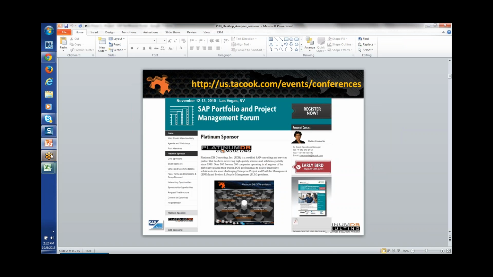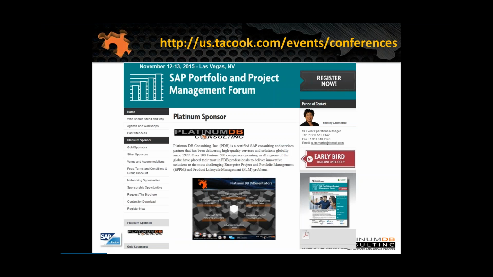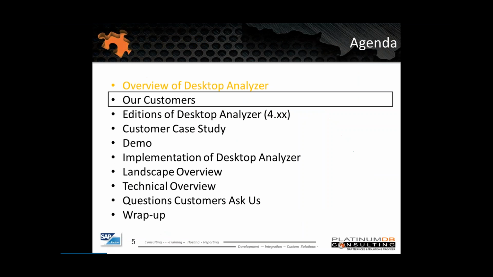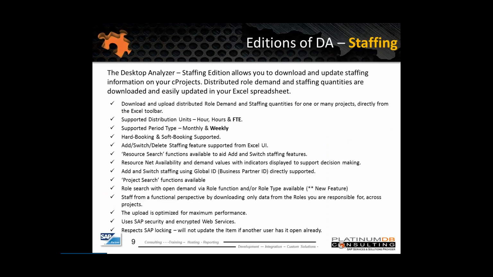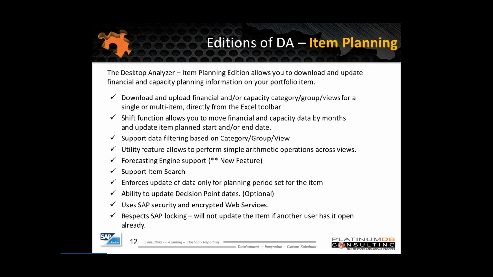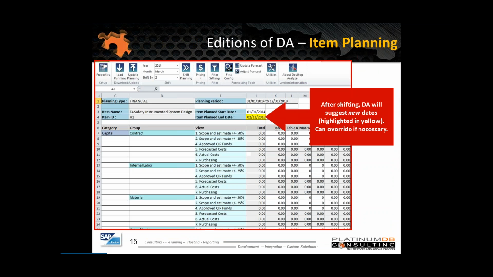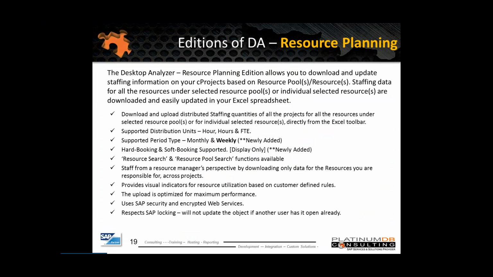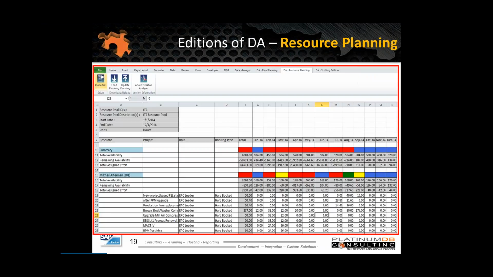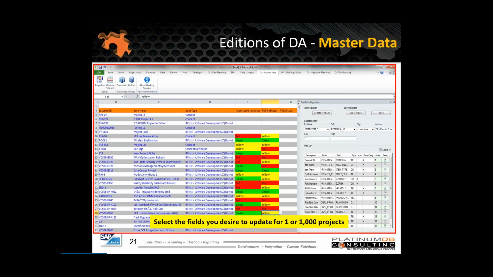In our deck, as I said, we have a complete set of information. We'd be more than happy to provide you more information on each of the versions and what they do: the Desktop Analyzer Staffing Edition, Item Planning Edition, more on Item Planning Analytics, information on Resource Planning by role, and the Master Data Edition, so you can do master data updates.